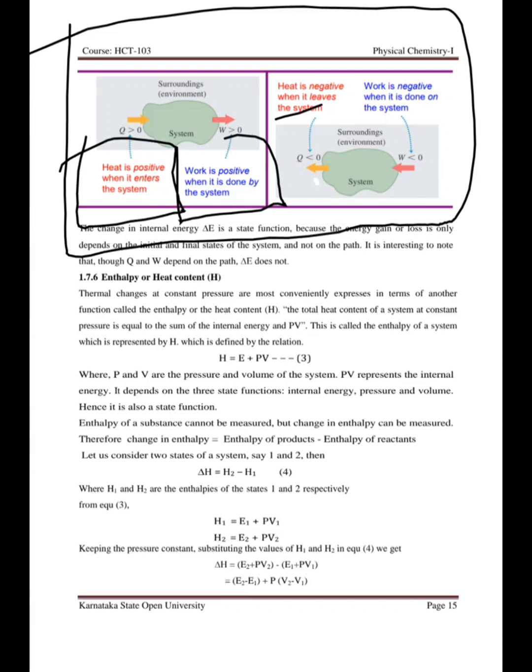Next is the enthalpy, or heat content. Enthalpy is the thermal change at constant pressure, the most convenient expression in terms of enthalpy. So what is the difference between enthalpy and entropy?